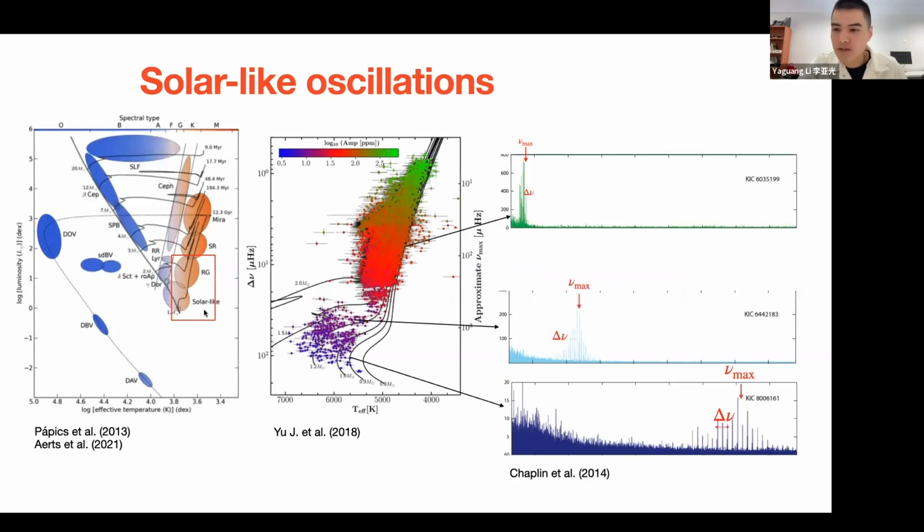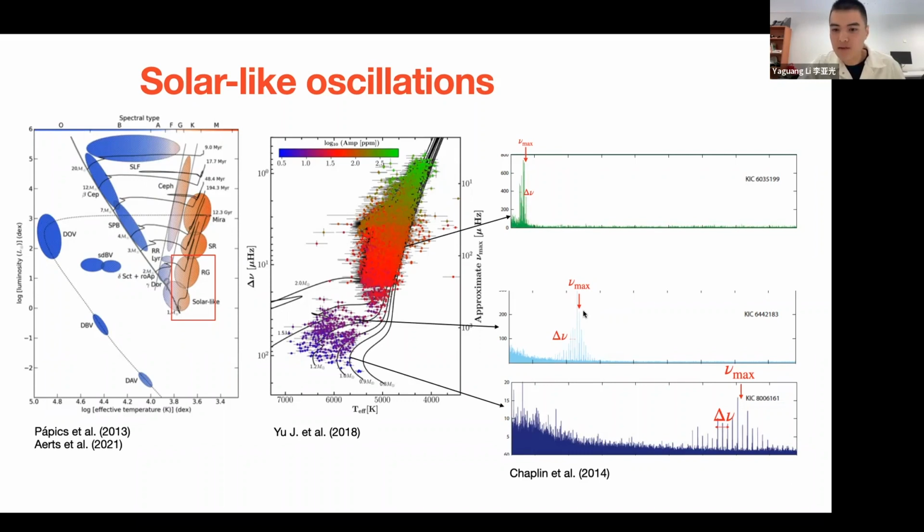If we only focus on the solar-like oscillations, the really nice thing about them is that we now have observations of hundreds, thousands of them. And if we just pick some of them and look at the power spectrum, their oscillation patterns can be represented by this universal pattern. It can be described by two parameters, just by the look of it.